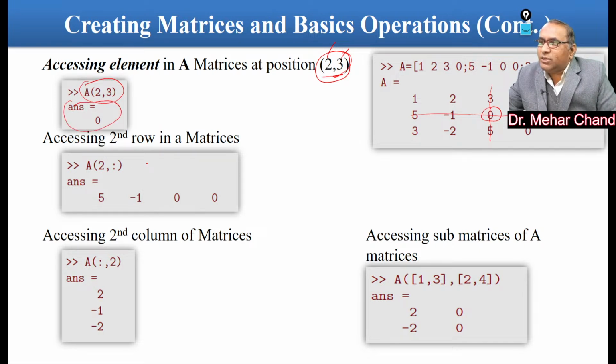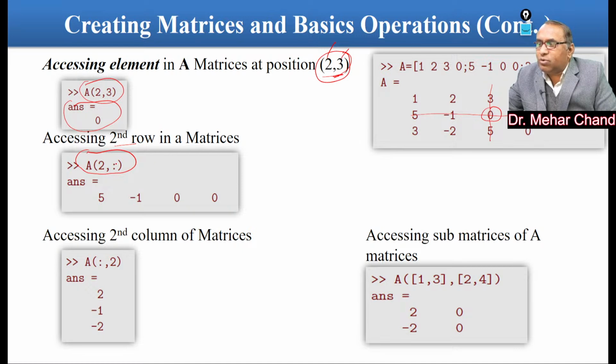If you want to access the second row in the matrix, then you will use this statement. And note this statement very carefully. A parenthesis 2 comma then colon. Colon means the entire element, all the elements.